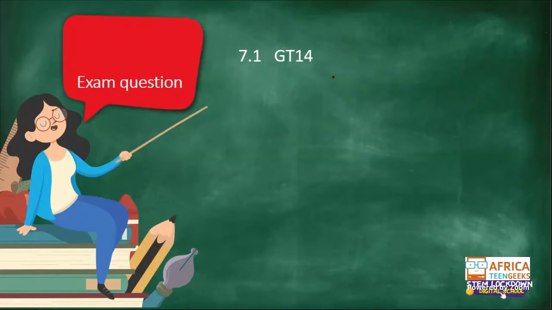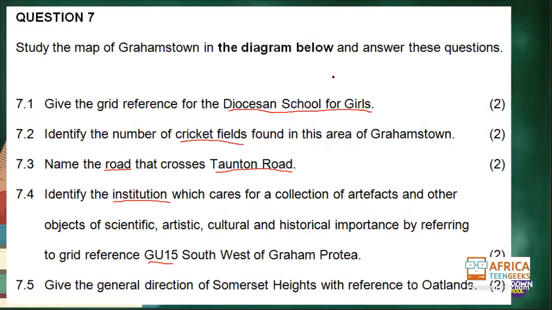Okay. Question 5. Give the general direction. Here the keyword is general direction. And the marks will also tell you what they want. 2 marks, it's only 2 marks. So it can't be long sentences.